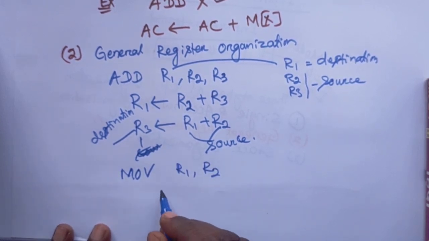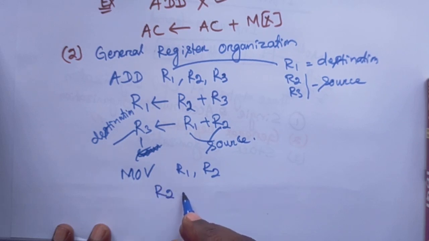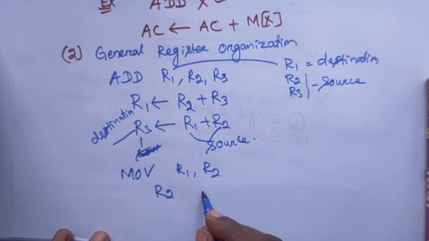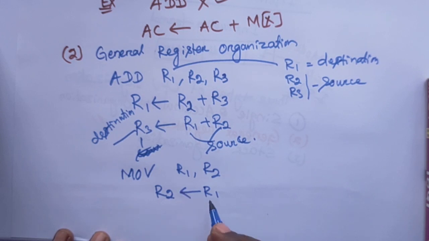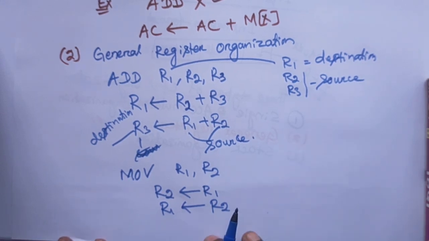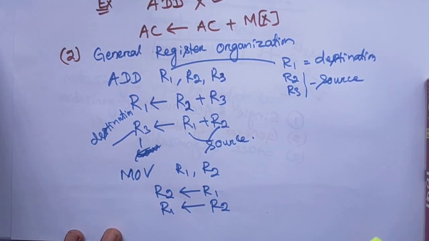There are two ways we can write it: the content of R1 is transferred to R2 in one way, and in the other way the content of R2 is moved to R1. Either case can be considered. So there are different ways to consider this whenever we use general register organization.